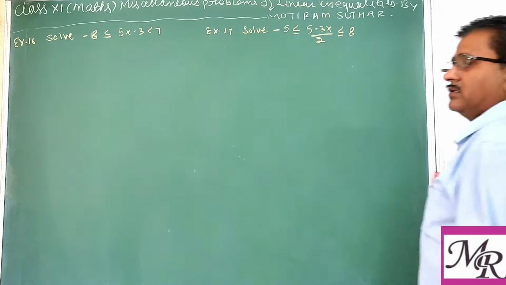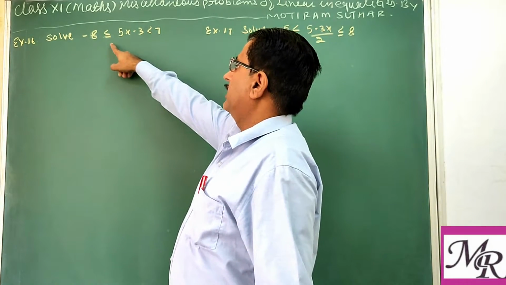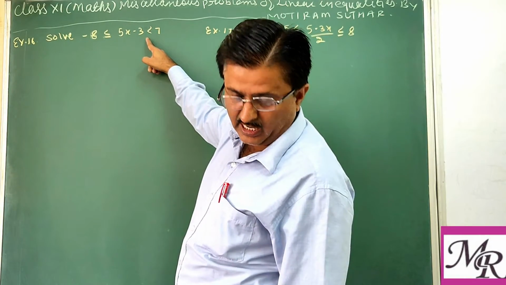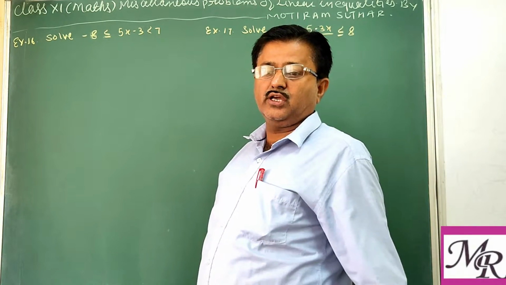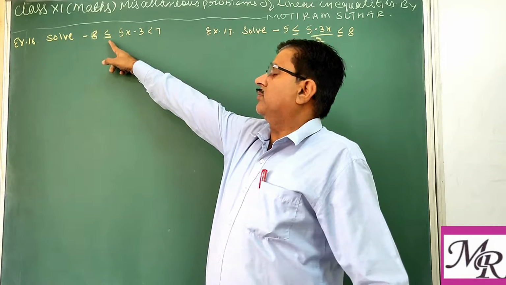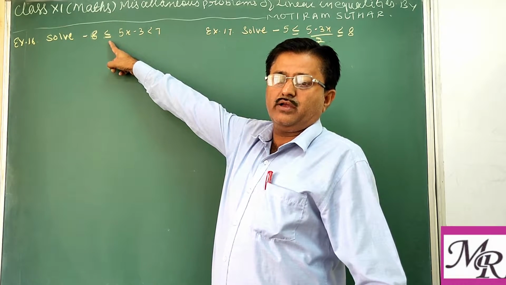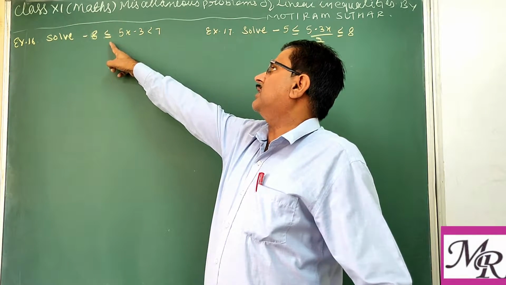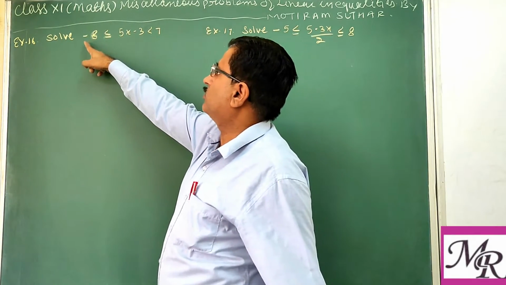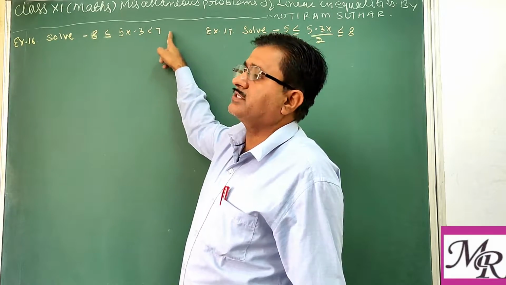Solve -8 less than or equal to 5x minus 3 less than 7. Here we have a double inequality: one side less than or equal to, the other side less than. We can solve it as two separate inequalities or simultaneously.